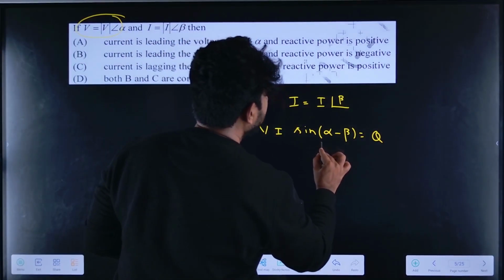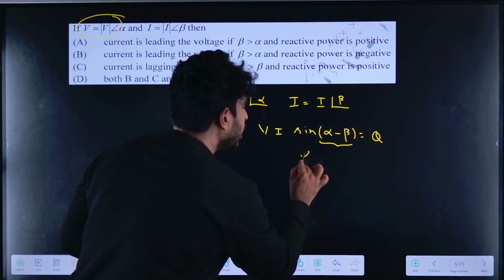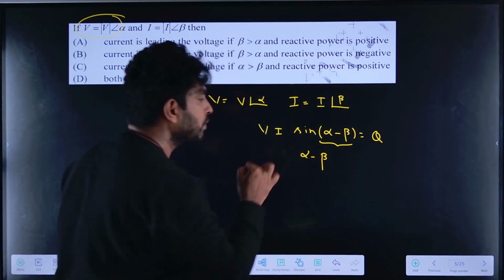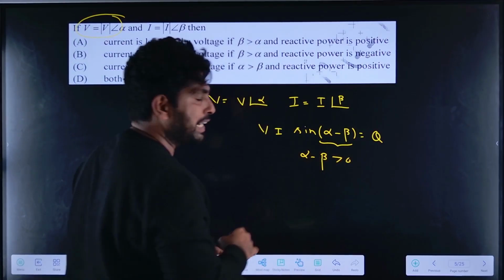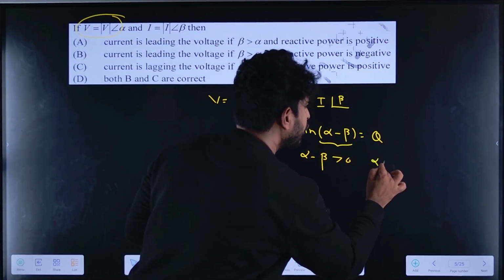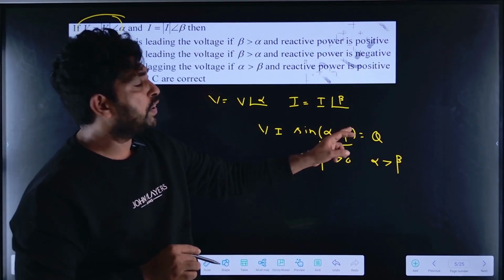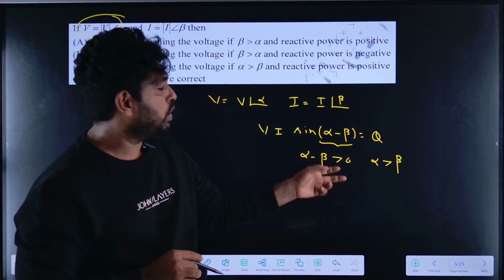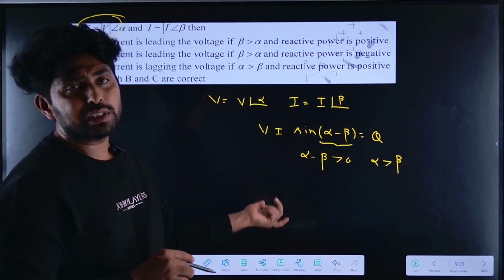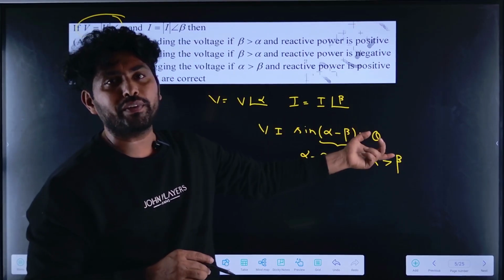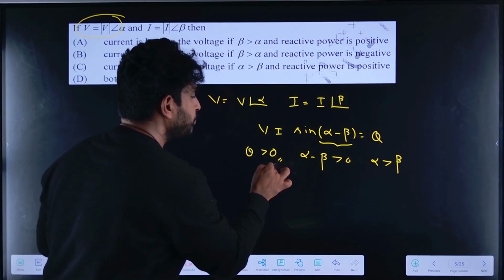For example, if alpha minus beta is greater than 0, which means alpha is greater than beta, what happens? Sine theta is positive, so reactive power is greater than 0.